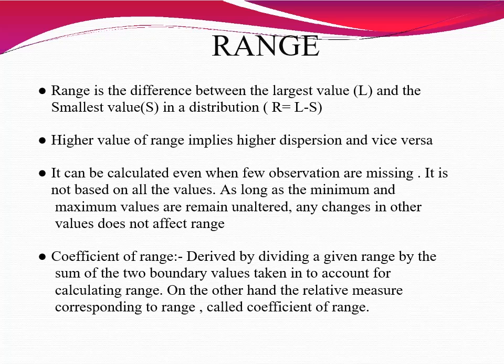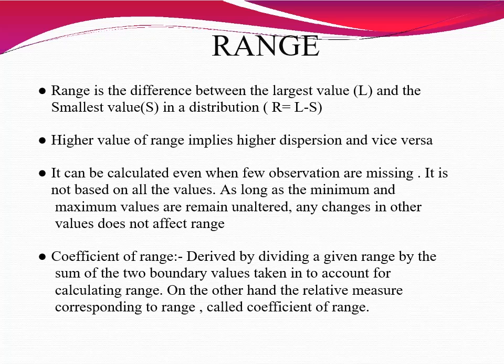What is the range? The difference between 50 and 15 is the range. It is as simple as that. And there are some disadvantages. The major disadvantage we see is that the values in between the extremes are not at all taken into consideration.